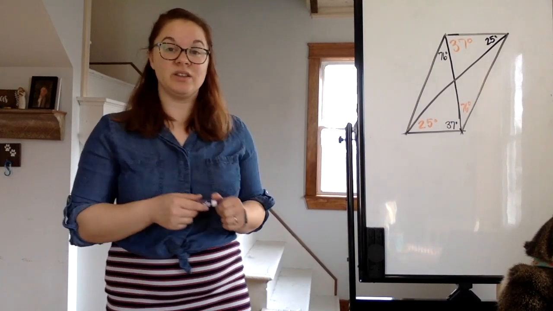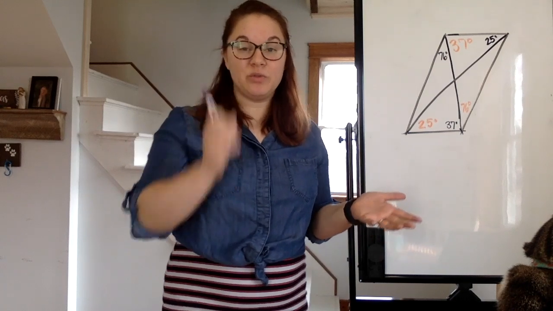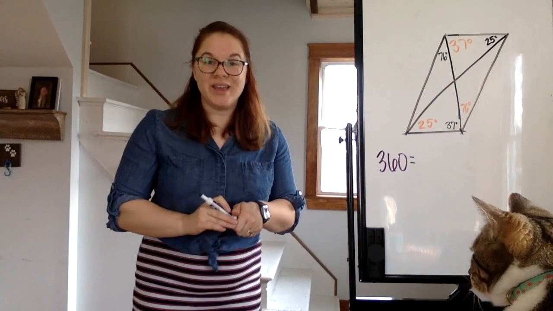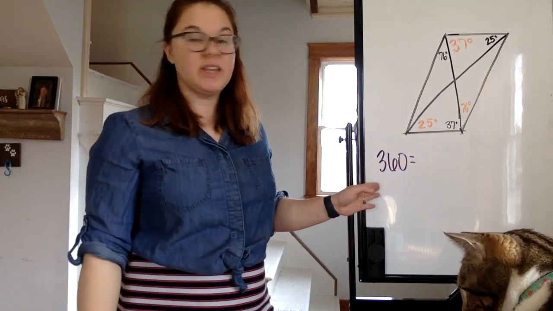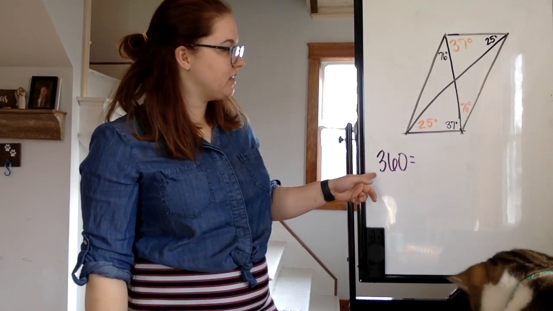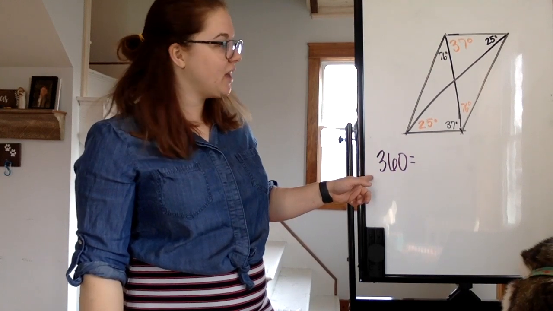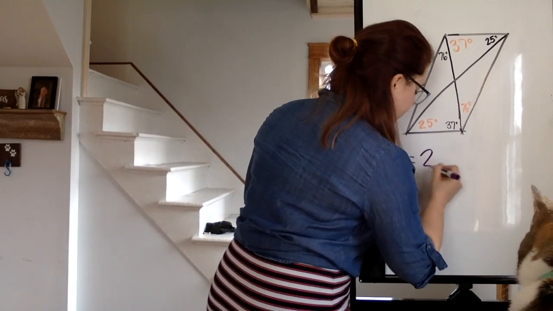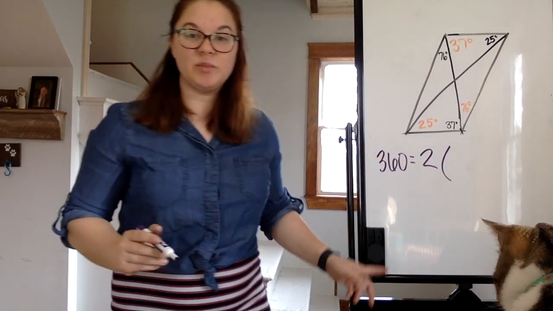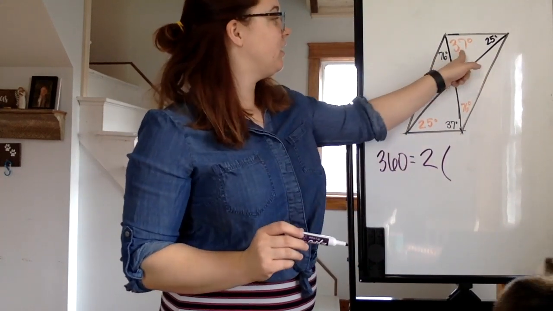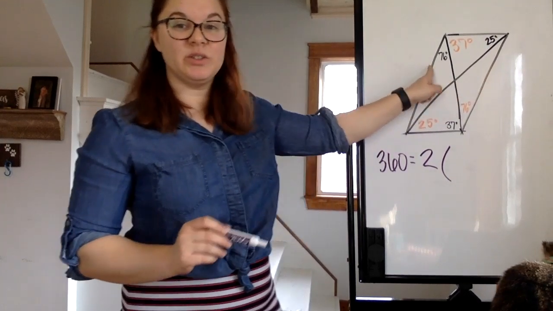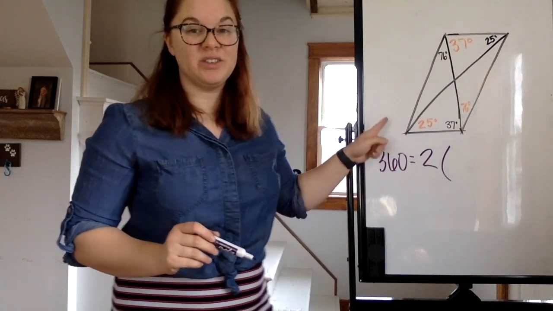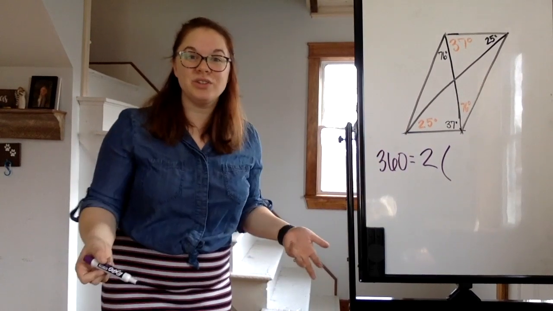360 degrees. So now what we're going to do is figure out whatever is left. So I set it equal to 360 degrees, and I actually find that I can multiply 2 times whatever those three add up to, because they're two 76s, two 37s, two 25s, and two unknowns, and our unknowns are congruent.